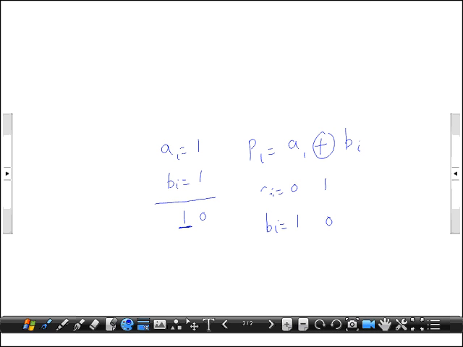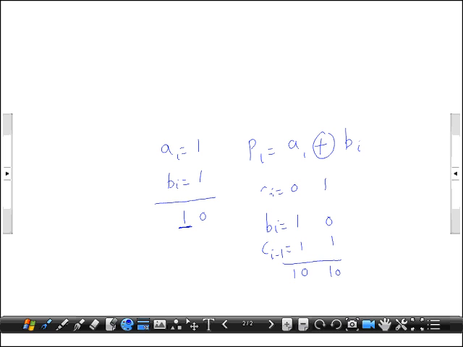For these two bit positions, if any carry is propagated from the previous bit position, for example the previous carry Ci minus 1, if that value is equal to 1 in both cases, then by adding Ai with Bi along with the carry out generated from the previous bit position, a carry is generated.